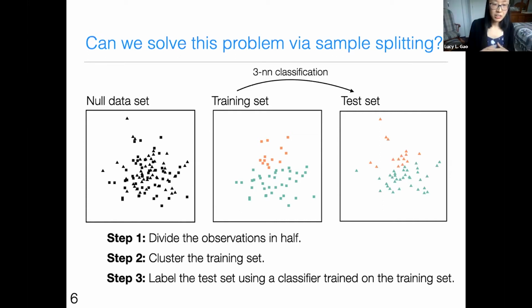Then I'm going to train a classifier on the training set, and I'll use that to assign labels to the test set. In particular, I use 3 nearest neighbors classification, but of course the details of the classification algorithm aren't the important part here. What's really important is that we're running the clustering algorithm on the training set only. We're not directly running it on the test set.